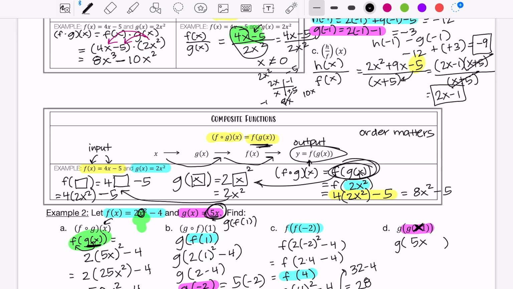So if my input is only x, it's just going to be 5x. Okay? Now I'm going to do that again with my new input, which is 5x. So now I go to the g function. I don't copy the g because I'm actually going to plug it in. There's a 5 in front, and my new input is 5x. So then I get 25x. Okay? So that's that part of the lesson.